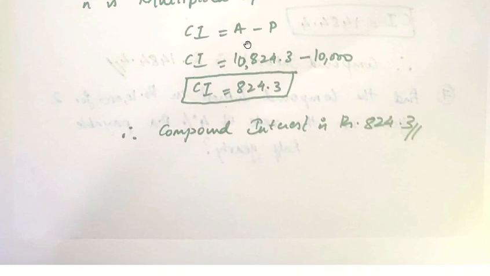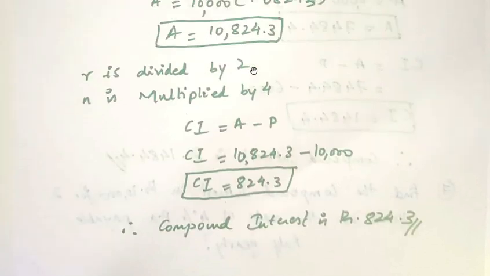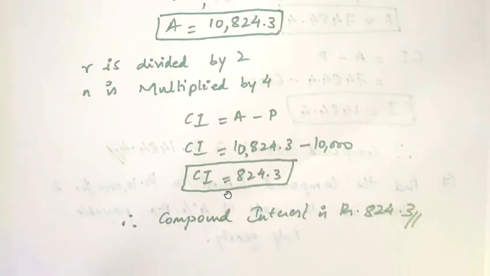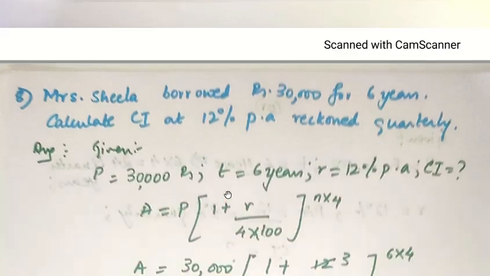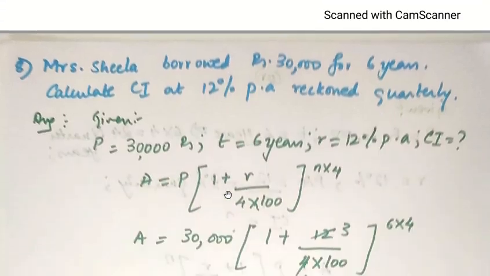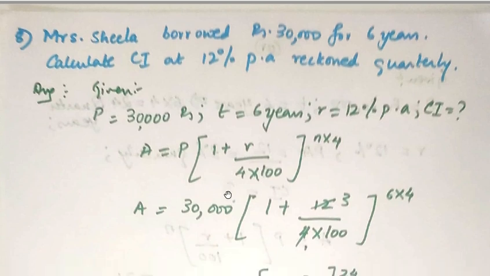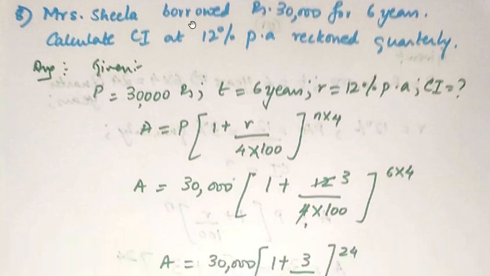The amount that we calculated, we got it as 10,824.3 minus 10,000, which is your principal. So your compound interest is 824.3. Your next question: Mrs. Sheila borrowed rupees 30,000 for 6 years. Calculate compound interest at 12% per annum reckoned quarterly.